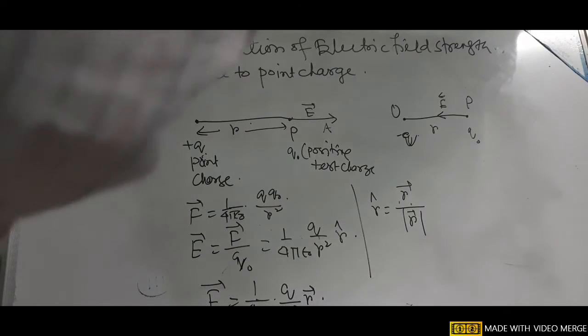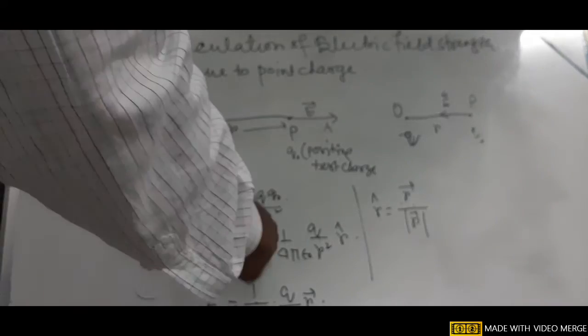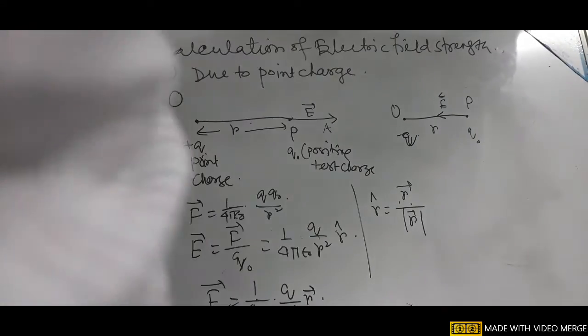So if you put it here, the electric field will be 1 by 4 pi epsilon, Q by R cube, into R vector, because the unit vector equals R vector divided by modulus of R, so here it will be R vector divided by R square into R, so R cube. That is the electric field strength due to the point charge, whether the point charge is positive or negative. This is a mathematical formula by which you can find out the electric field strength.